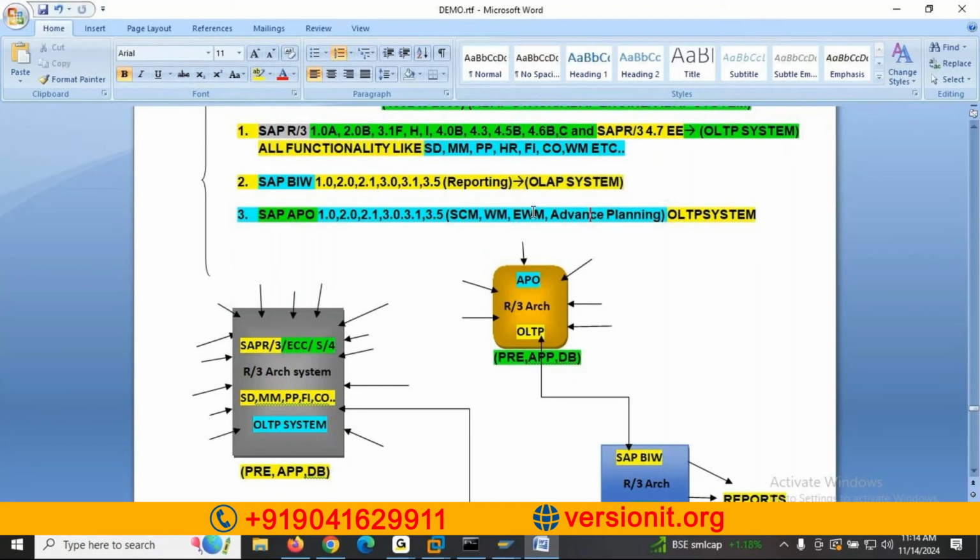So, guys, you can ask me, sir, what is this extended warehouse? Guys, after producing your goods, where do you preserve them? Godown. What do you call godown in technical terminology? Warehouse. If your warehouse is very minimal, let us say 500 yards or something like that, this R3 has the features of maintaining a small warehouse.